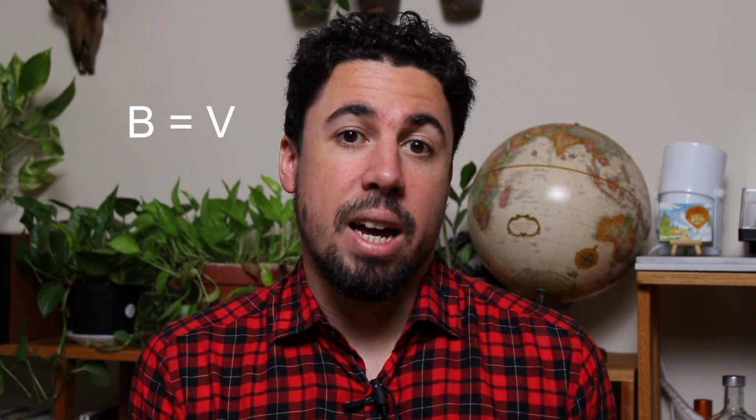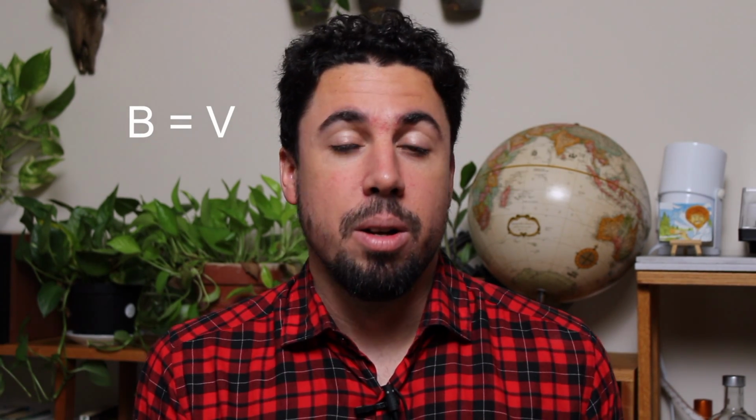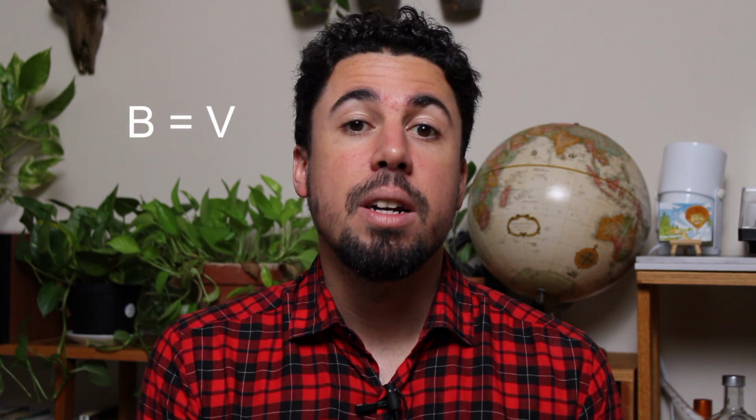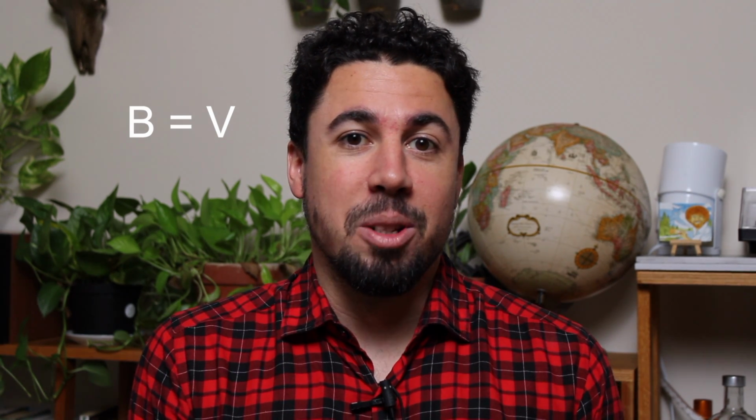The first one that surprises a lot of people is that B and V, which are different in English, are pronounced the same in Spanish, and that's weird for people. It's like, why do you have both if they sound the same? Well, we have both for historical reasons, and some words are spelled with one, some with the other, but they sound the same.